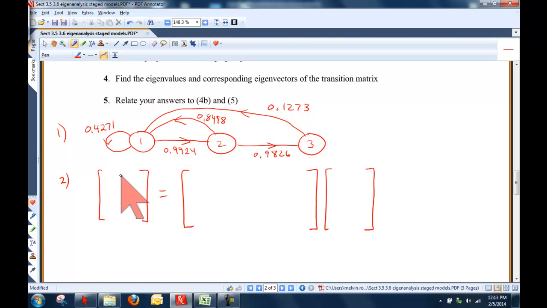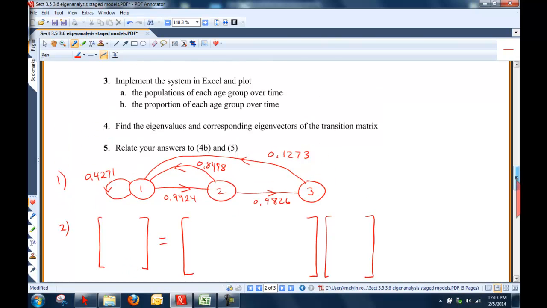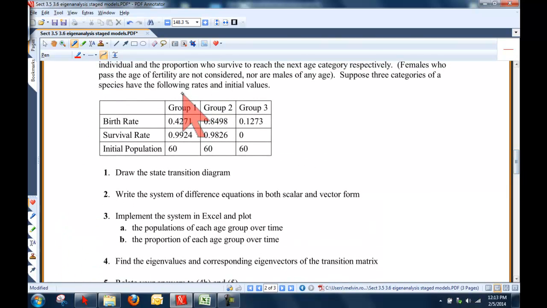In this vector, I'm going to put the populations at the next time step, and there are 3 such populations, which I'll denote x1, x2, x3.